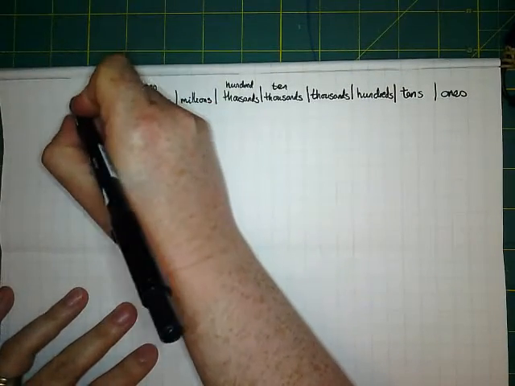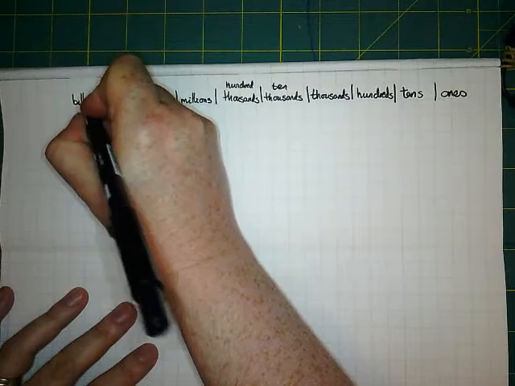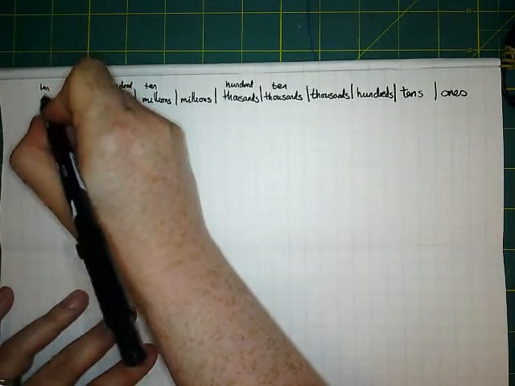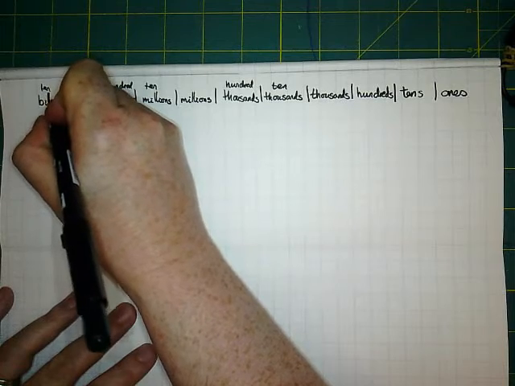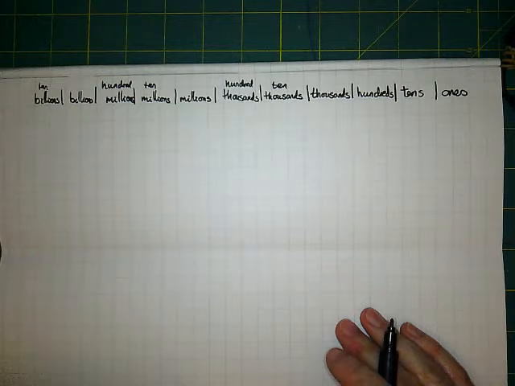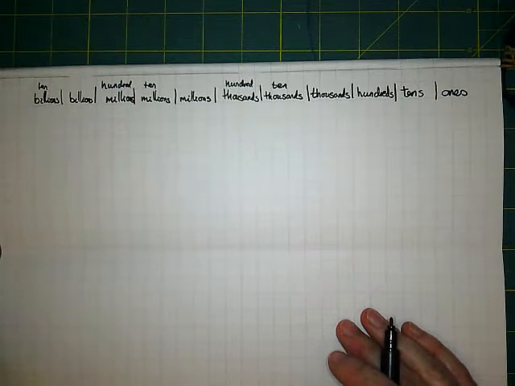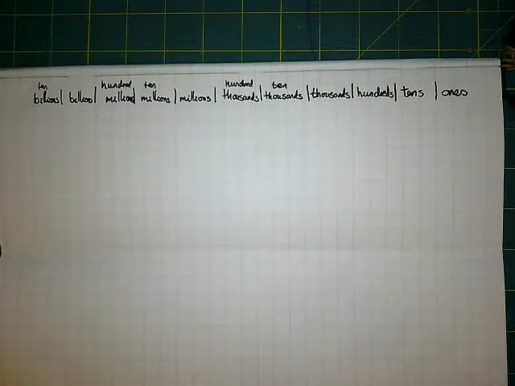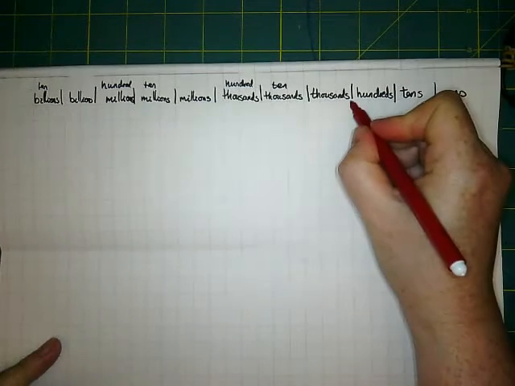And that's going to follow the same pattern. So billions, 10 billions, 100 billions, and after billions comes trillions, and it follows the same pattern. So as long as you remember that we are always in these little groups of three.